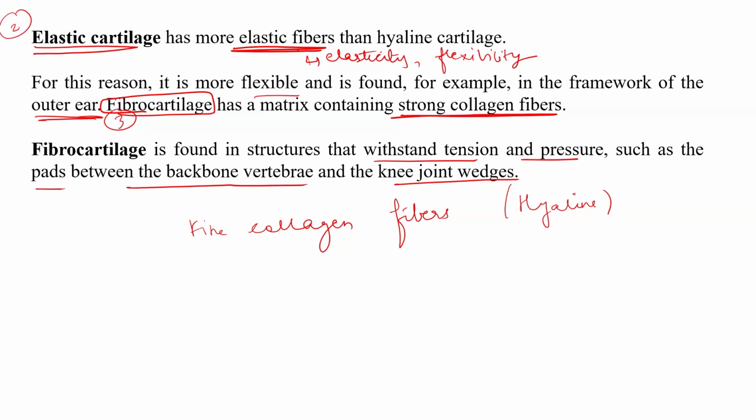So if the options include fibrous cartilage, elastic cartilage, hyaline cartilage, or none of the above, we can easily identify that since it has elasticity, it must be elastic cartilage. So once we know the structure of any cartilage, we will be able to guess which kind of cartilage is present in which location.